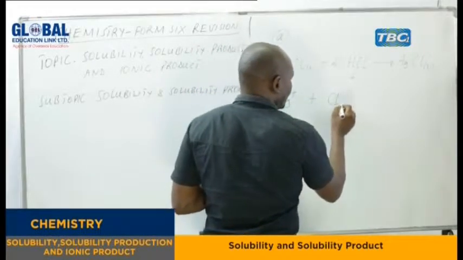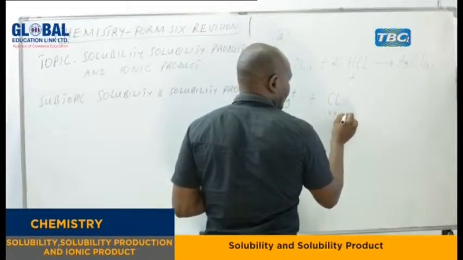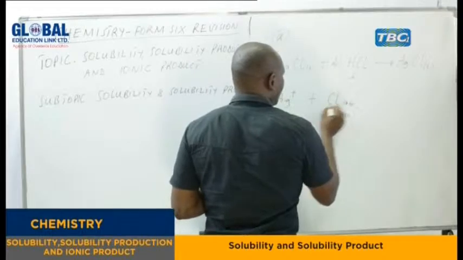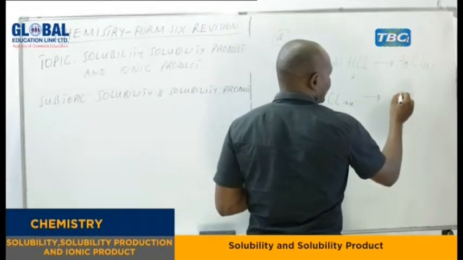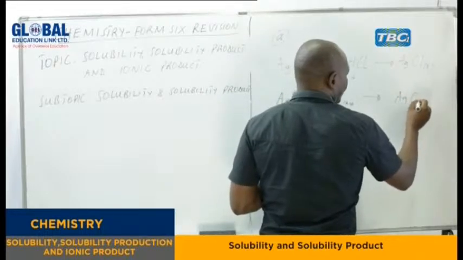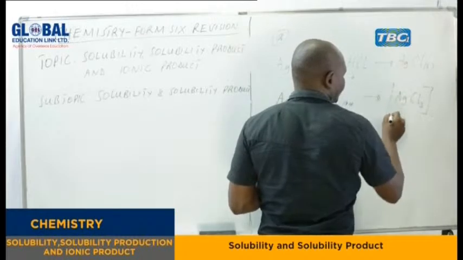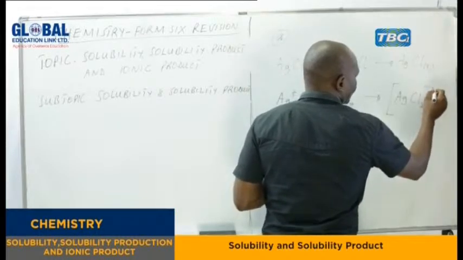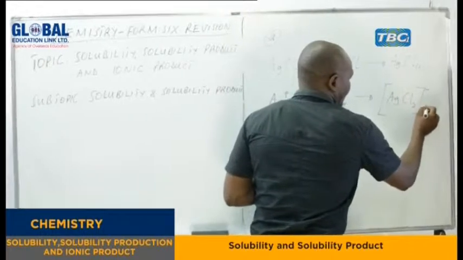This is now in excess, so it will lead to the formation of a complex compound of silver, dichloroargentate(I), which is aqueous.